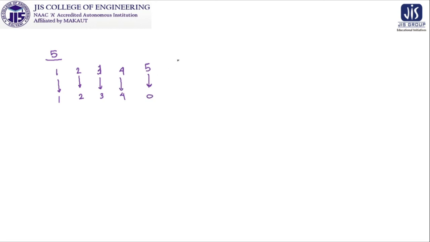If you take 6, the remainder is 1. 7, remainder is 2. 8, remainder is 3. 9, 4. 10, 5 means 0. So on and on. In the upper part, the numbers are changing at every moment, but in the lower part, after a certain time, you are getting a pattern.